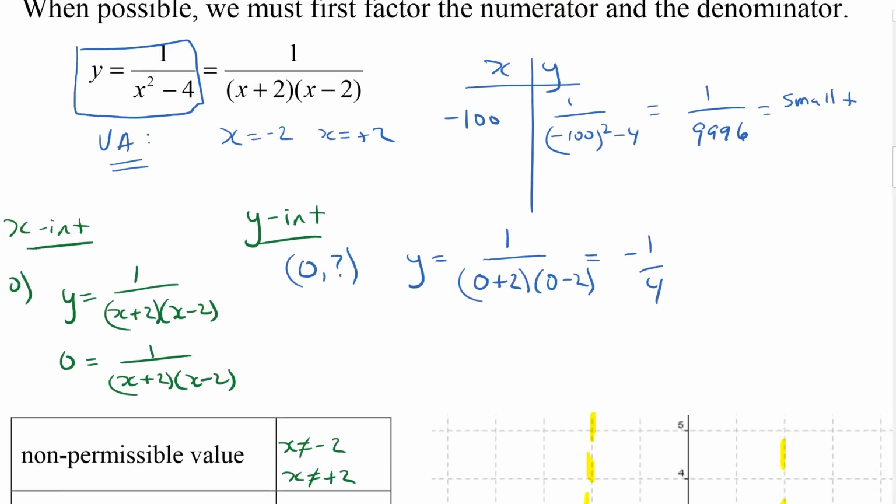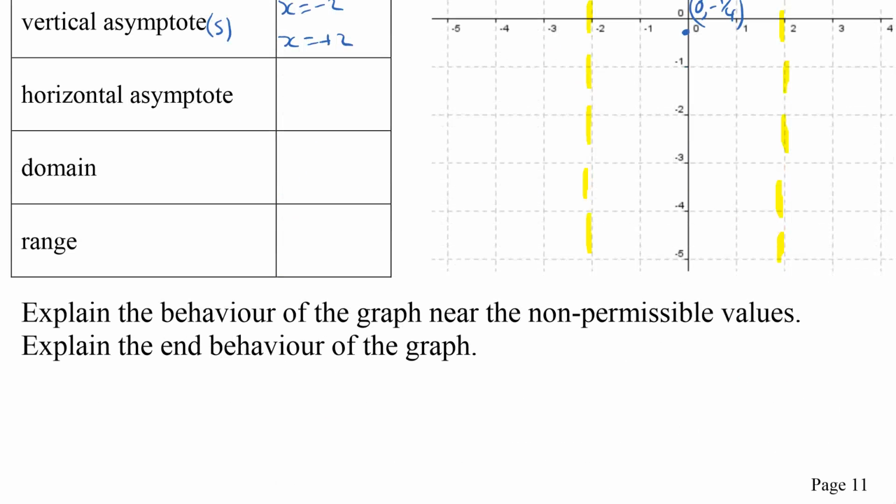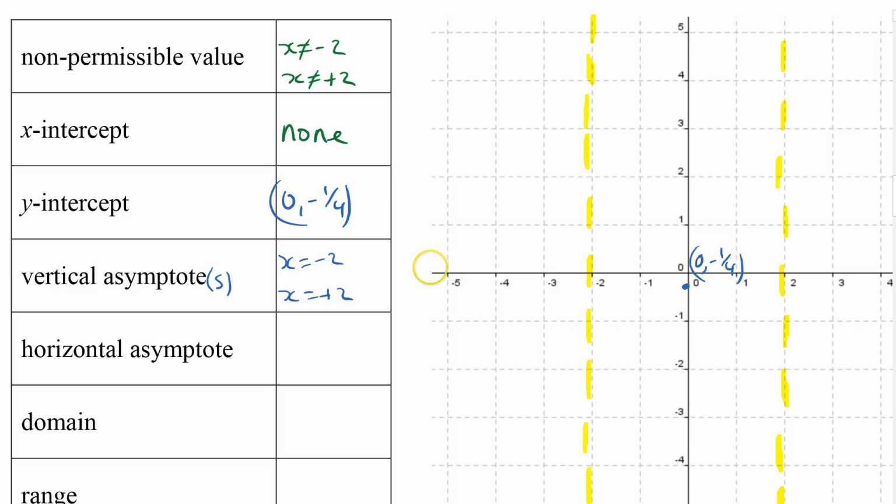So I can say, explain the behavior: as x gets closer to -infinity, y gets closer to 0. All right? And here I go, so I'm going to put that in there. So it's going to look a little bit like that.